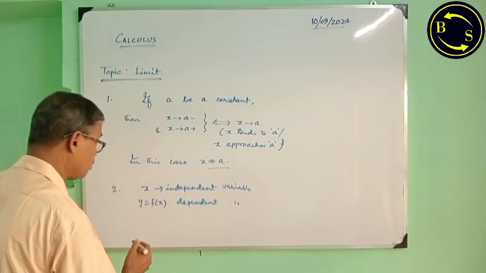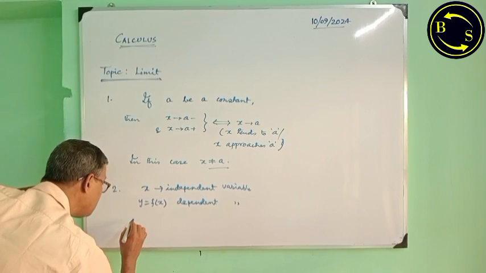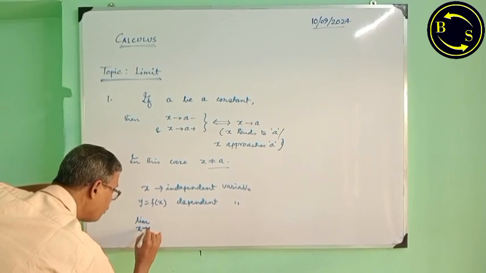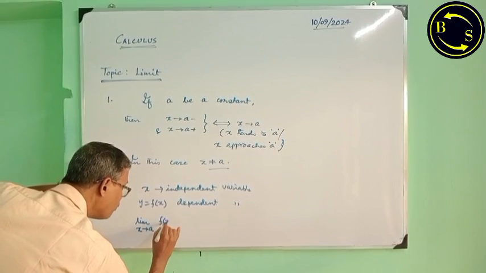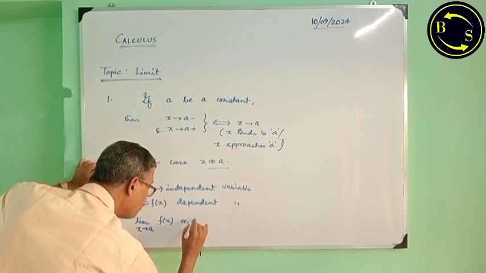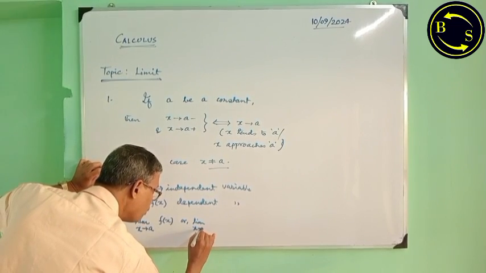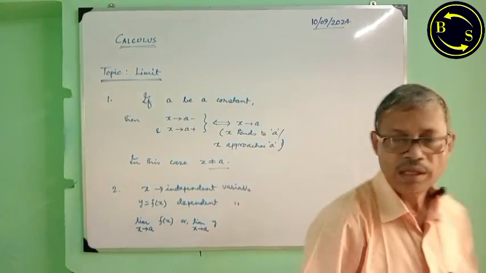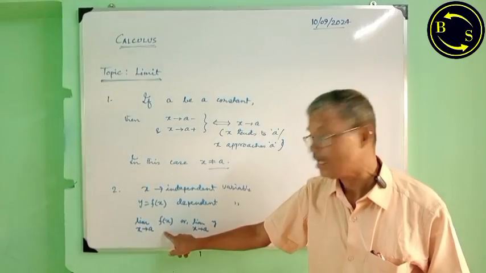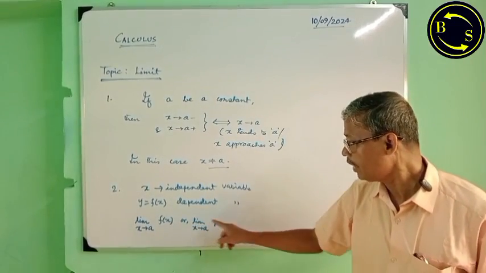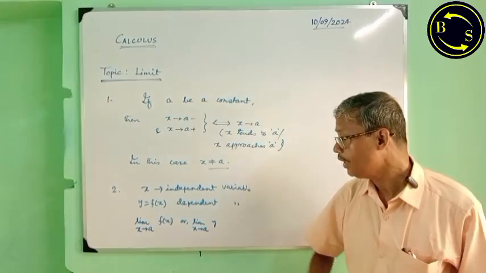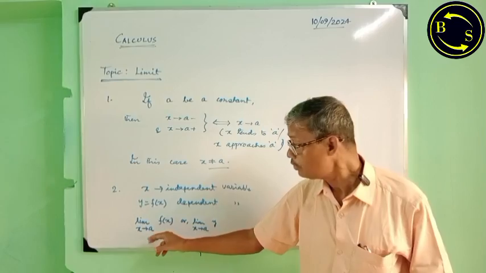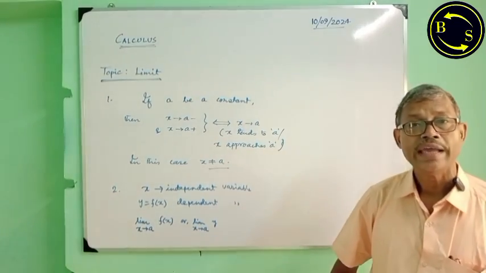We represent that by writing limiting value of fx as x tends to a, or limiting value of y as x tends to a. Sometimes we write limiting value in short form LIN, also LT.